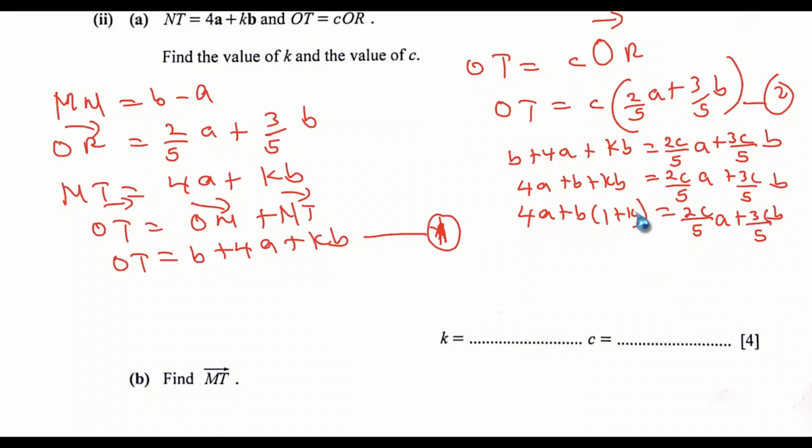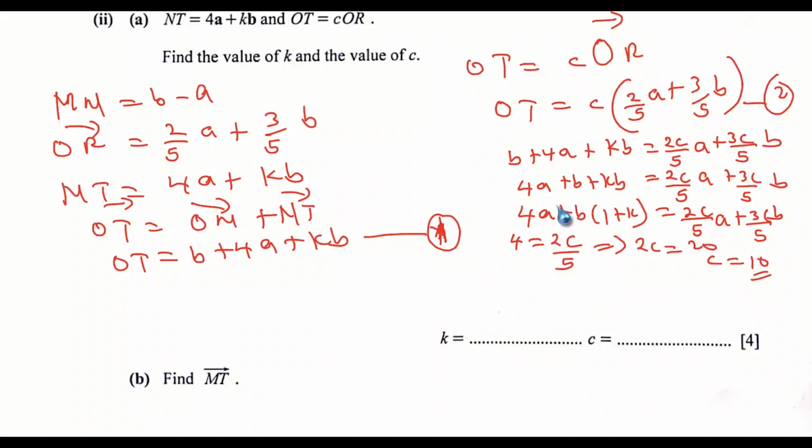These two vectors are equal. So from here we can say that 4 is equal to 2c/5, which implies that 2c is equal to 4 times 5, which is 20. So that implies that c is equal to 10.